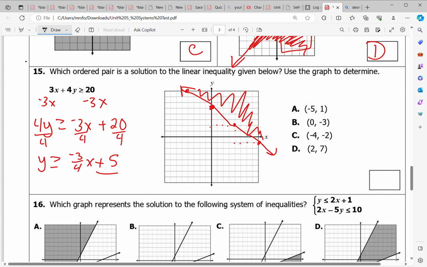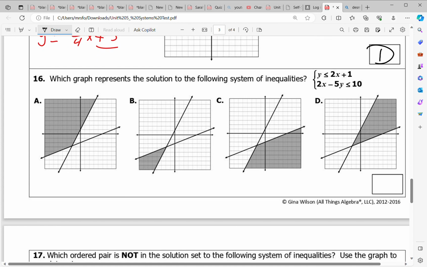Negative 5, 1 does not fall in that region. 0, negative 3 does not. 4, negative 2 does not. 2, 7 is going to fall in that region. So D.